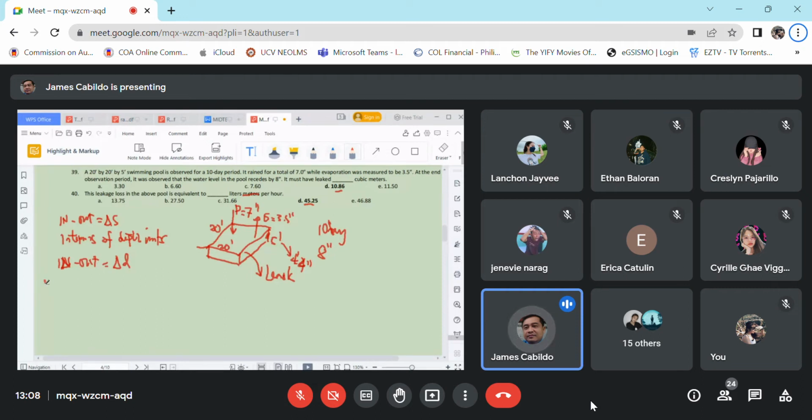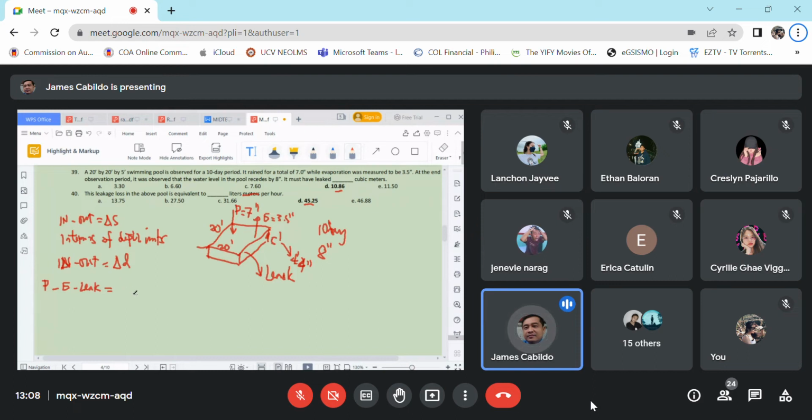Yung pumasok is precipitation. And then ano ba yung mga lumabas? Ang mga lumabas ay evaporation and then ano pa? Leak. Siyempre lumabas na yan. Itong leak. Lumabas na yan. So it's equal to the change in depth.